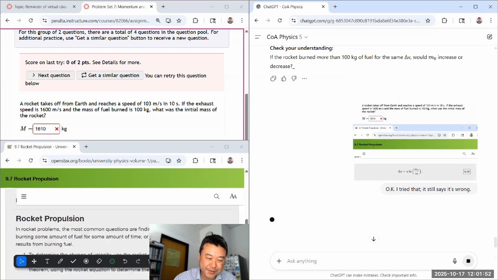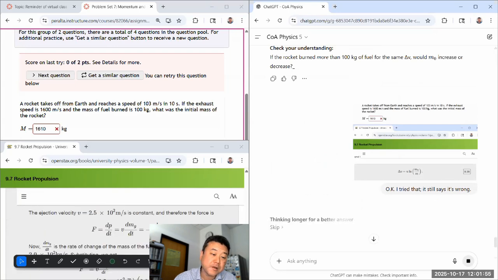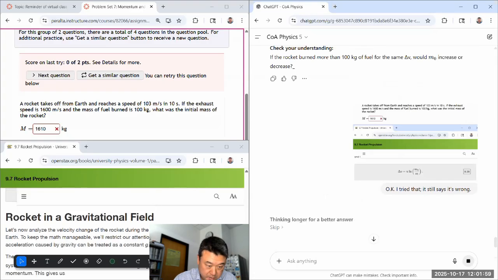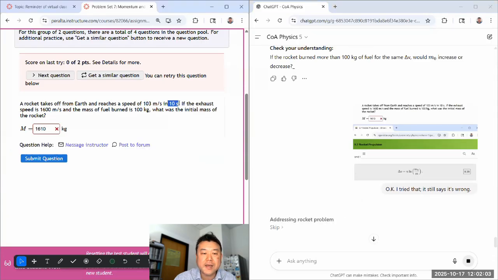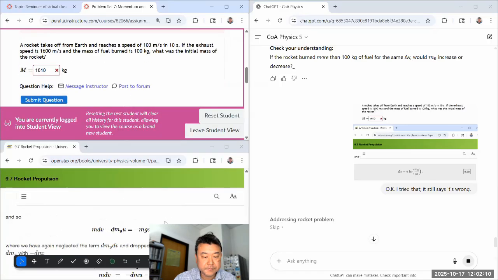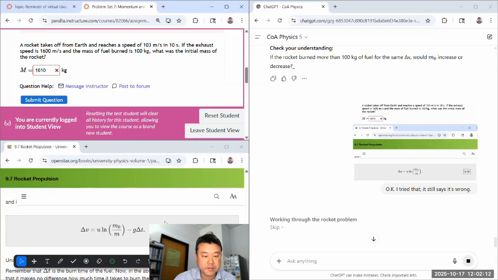I need to use the version from further down in the textbook, the one that talks about rocket propulsion in a gravitational field. That's really why they gave you the amount of time, so that you can work it out that way. So there's this formula that you are supposed to be using.